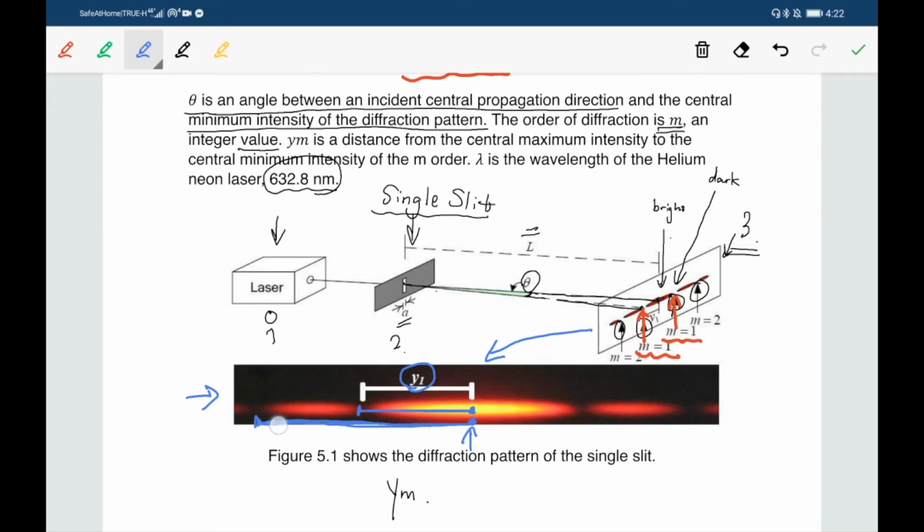That's why m is the diffraction order. This is order number 1, so m equals 1 here.